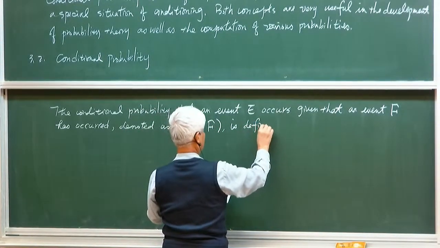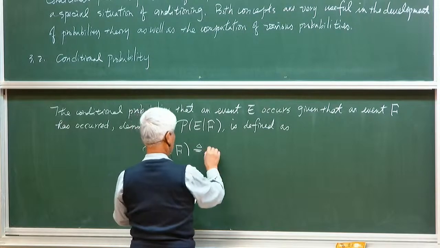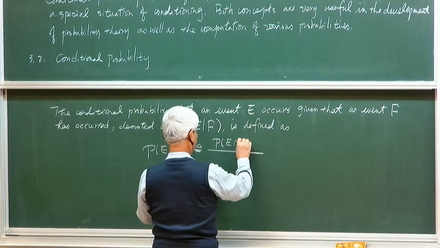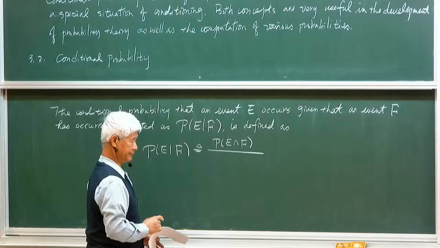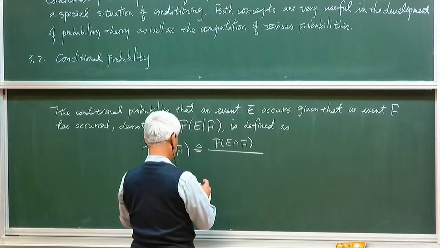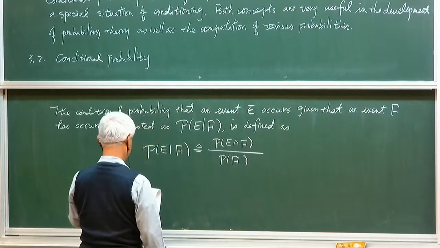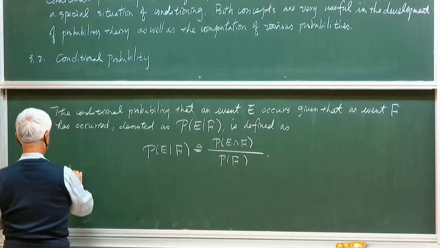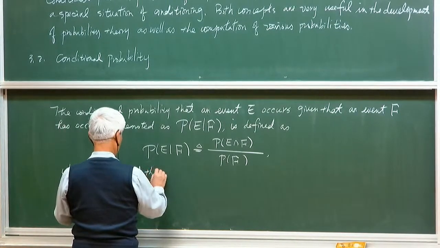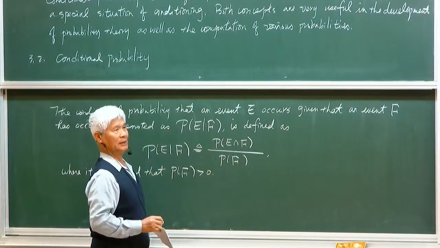Right? So it's defined as the ratio of the probability of the joint event of E and F, so the joint event means that event E and event F occur simultaneously, over the probability of event F. And it is assumed that the probability of F is positive, otherwise this ratio will be meaningless.